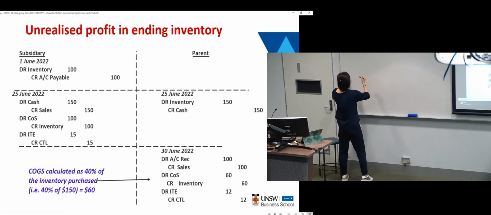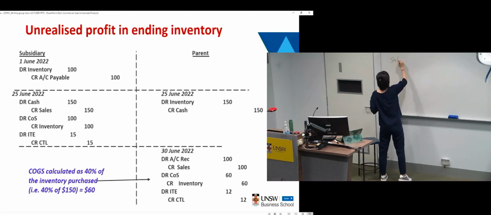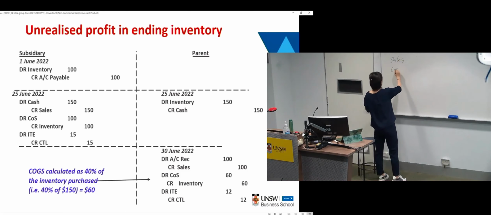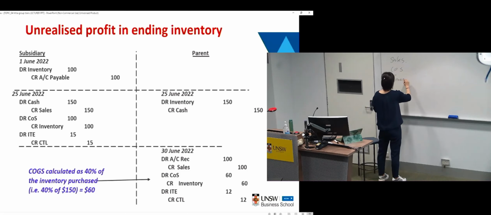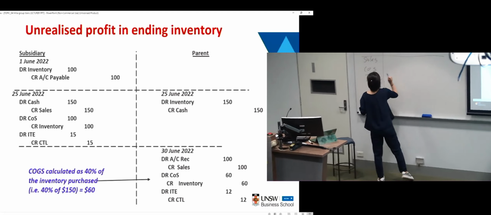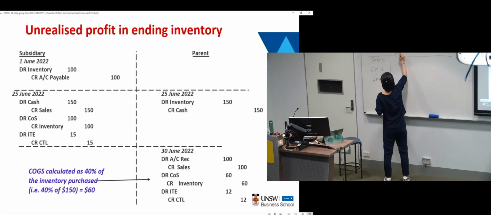I will write down sales, because these are the accounts I need to adjust later. Cost of sale. What else? Inventory. And then, this is the legal entities' record.